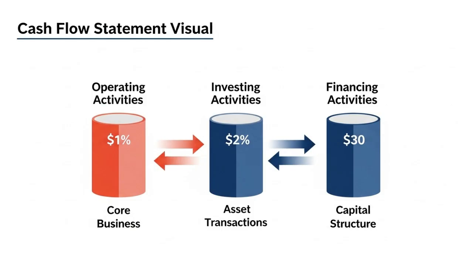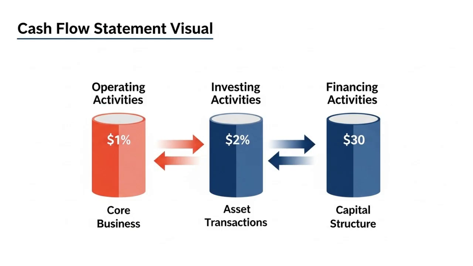Second, investing activities detail the cash flows associated with the purchase or sale of long-term assets, crucial for understanding a company's strategic growth and capital expenditure. Finally, financing activities showcase cash related to transactions with a company's owners and creditors, such as debt and equity movements. Each pillar contributes uniquely to the overall cash picture, painting a holistic view of financial performance.